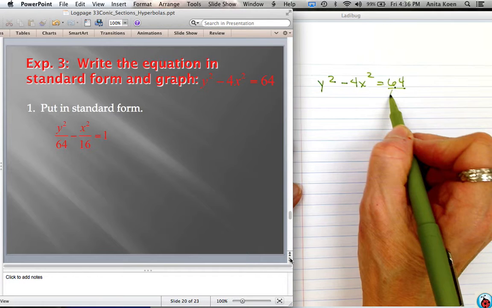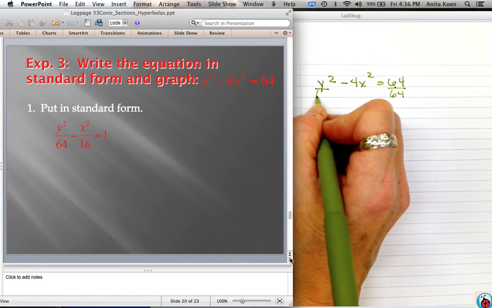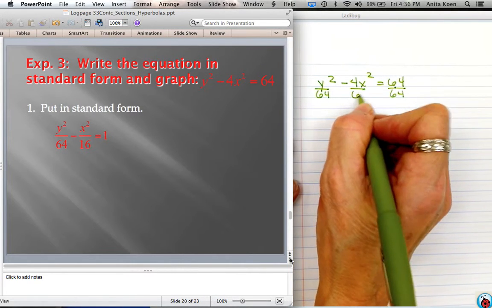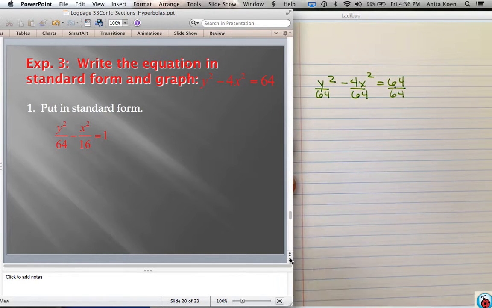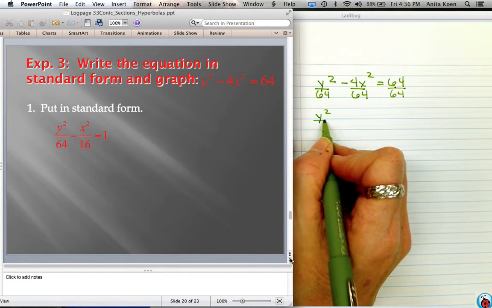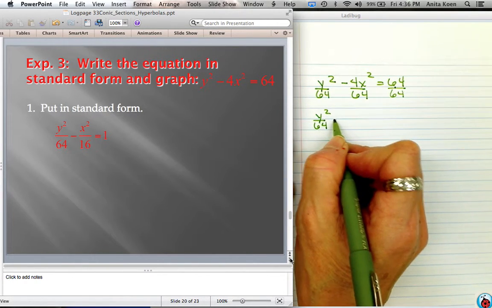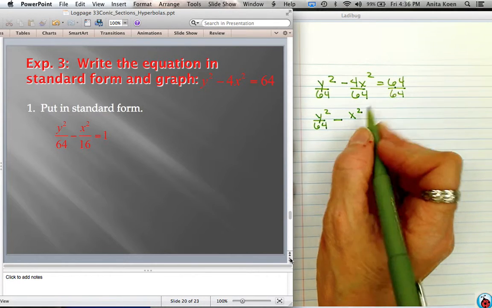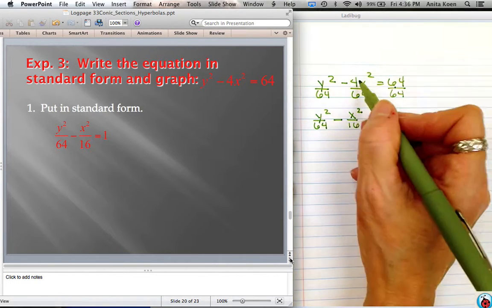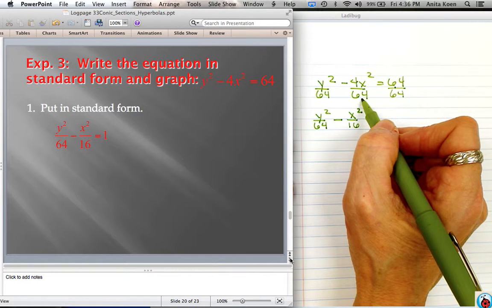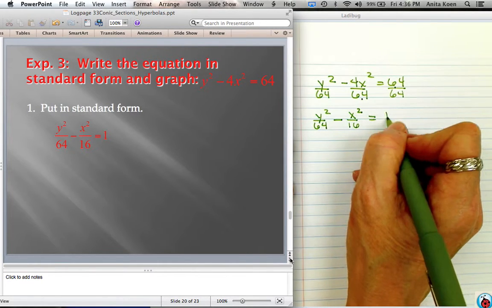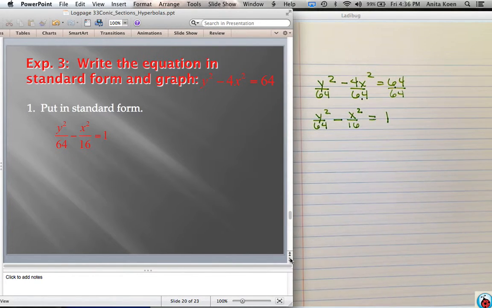So we're going to divide by 64, divide by 64, divide by 64. And this will give me y squared divided by 64 minus x squared divided by 16, because 4 goes into 4 once and into 64 16 times, equals 1. Okay, so you've put it in standard form. Now go ahead and try to graph this. Pause it and graph it, and then come back to the video.